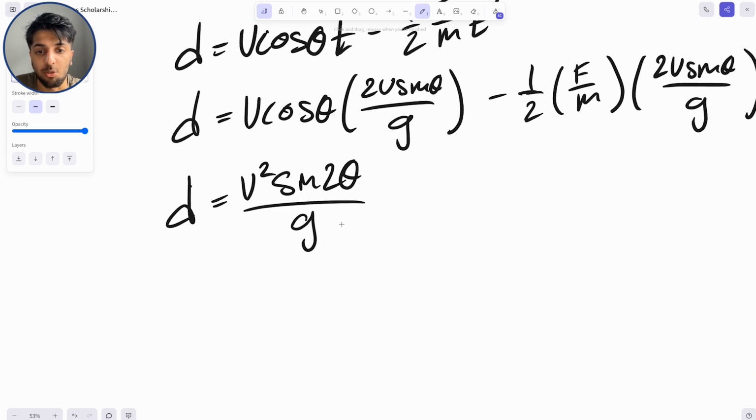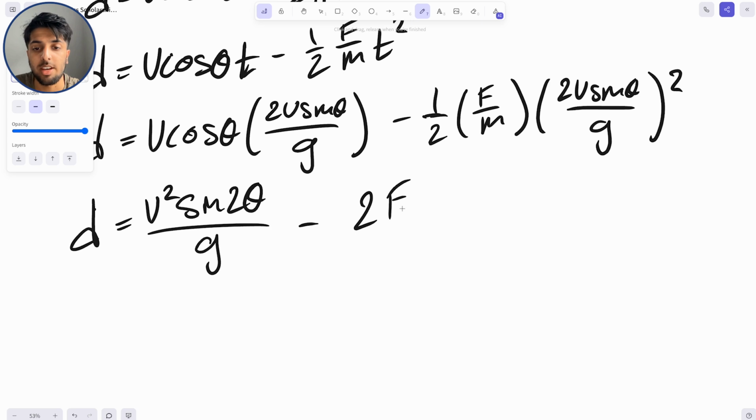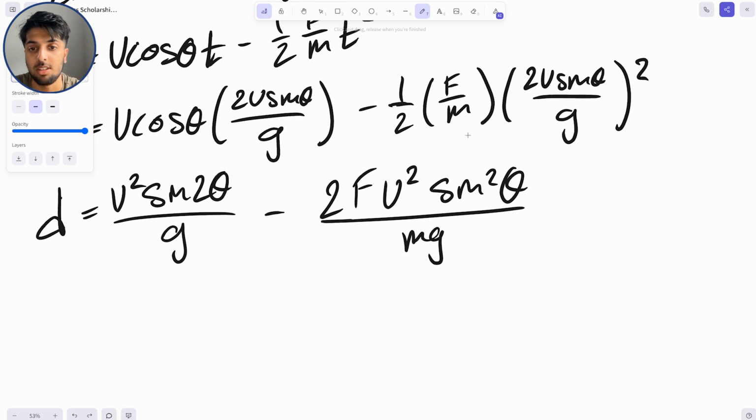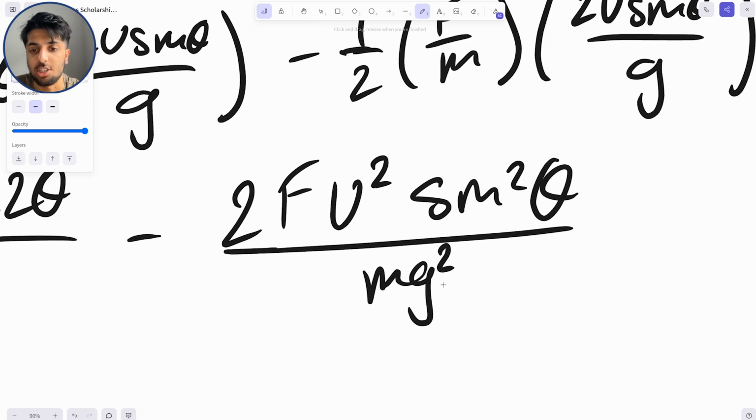And that is all over g, minus 2F v squared sine squared theta all over our m g squared. Now our 2 is from this 2 being squared, so that will equal 4, and it's being halved over here, so we get 2. Our force is from here, and our v squared is from this being squared with this, and again same with our sine squared being squared with this. And that's all over our m g squared.